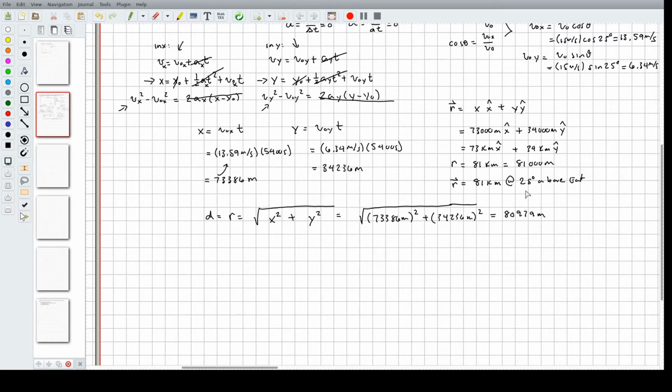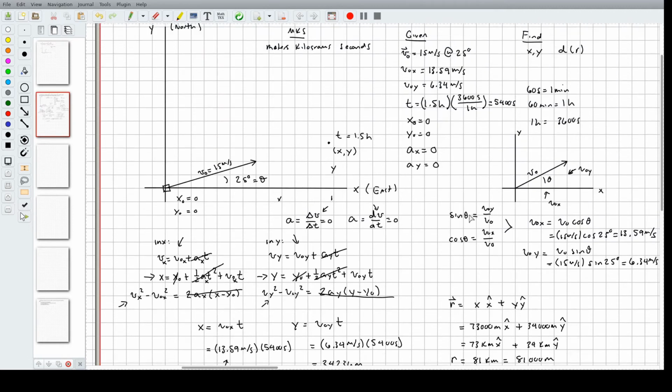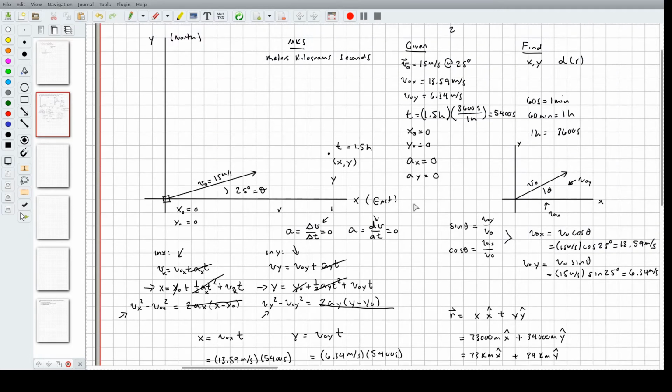Why do I know that the angle is 25 degrees at the end of the day? Well, it's traveling at a constant velocity. The angle isn't going to change, but you can prove it to yourself by using the inverse tangent function. Now, here, the opposite side would be y, and the adjacent side would be x.